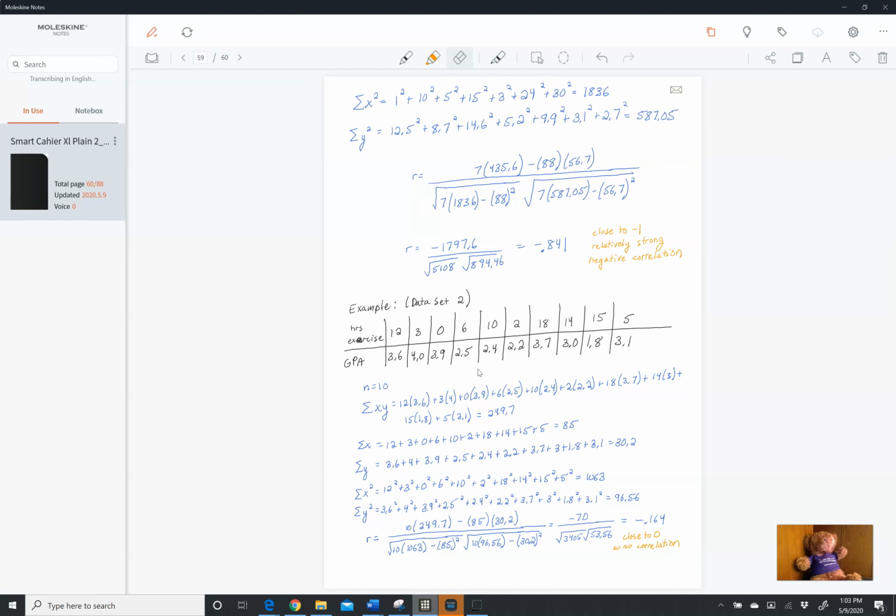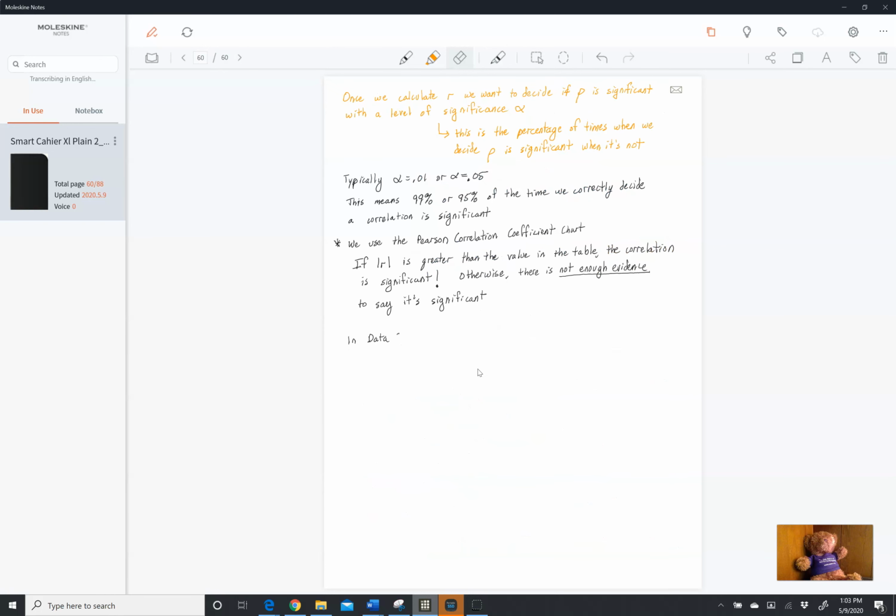So in data set 1, we calculated R to be negative 0.841. So let's see if it's significant based on the table, okay? Is it significant? Assuming alpha is equal to 0.01.